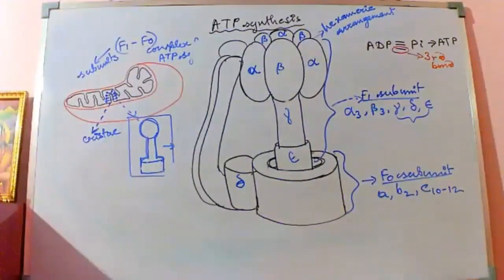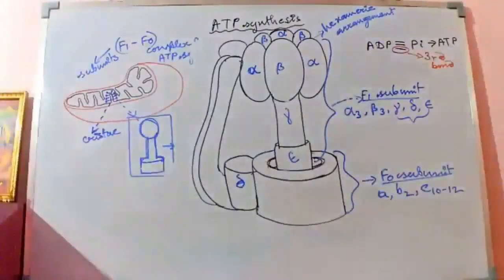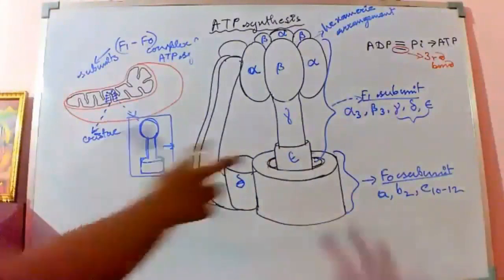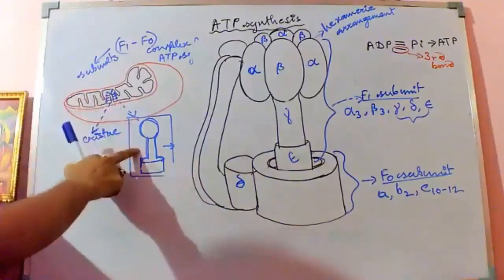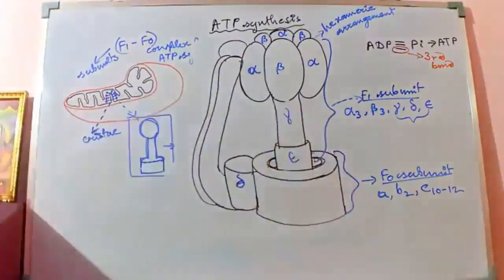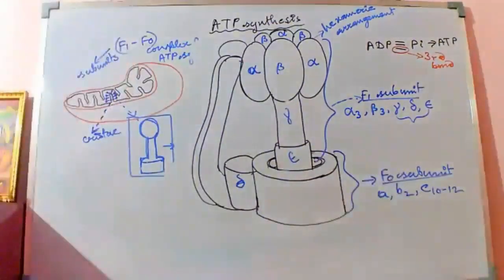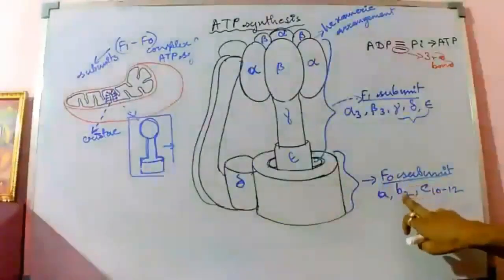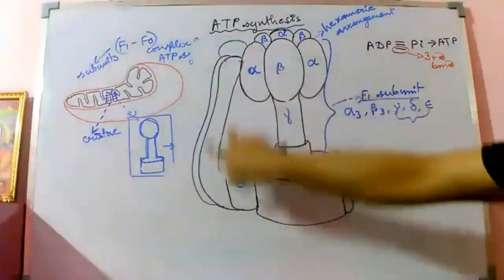So the F1 complex, or F1 subunit, and the F naught subunit are there. Now the coin-like structure of the chess is becoming clear. This was the microscopic structure which I amplified to a coin, and this is the entire structure. So here the B2, as per the mathematics of the number of nucleotides present, look carefully, there are 2 nucleotide strands.